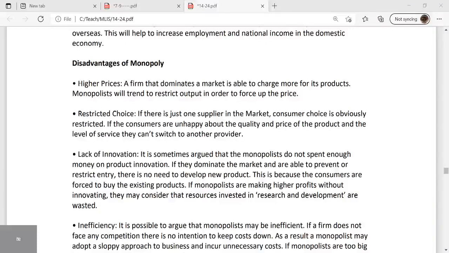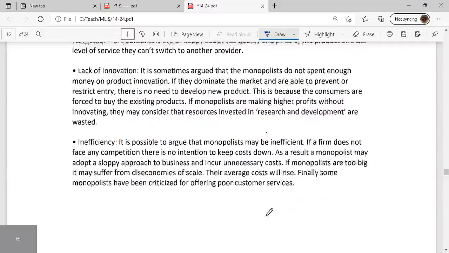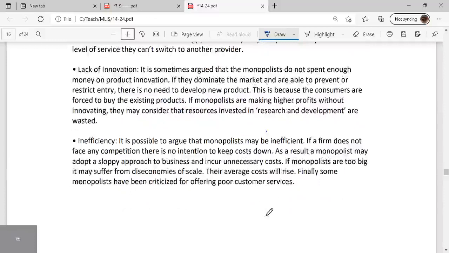Then there is lack of innovation, because they can afford innovation but they won't spend in that sector, as there's not much pressure on them because they're already dominating the market. There's no point in producing a unique product and coming up with innovation because there's no competitor.